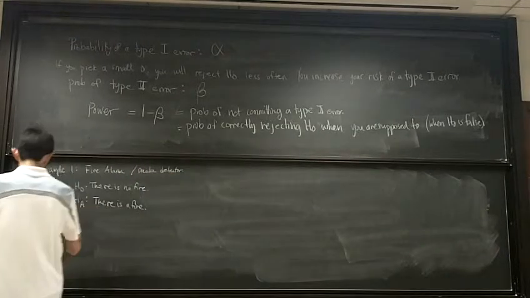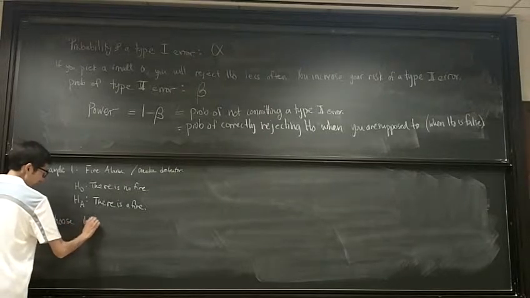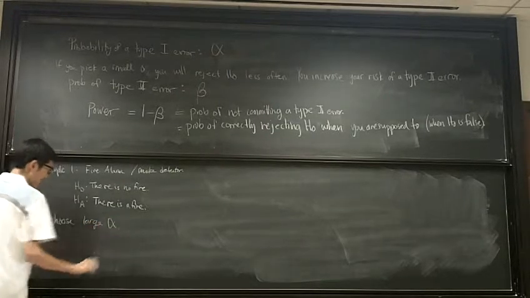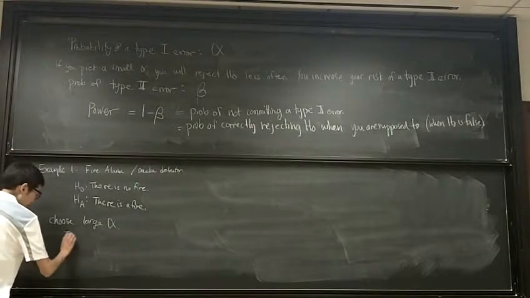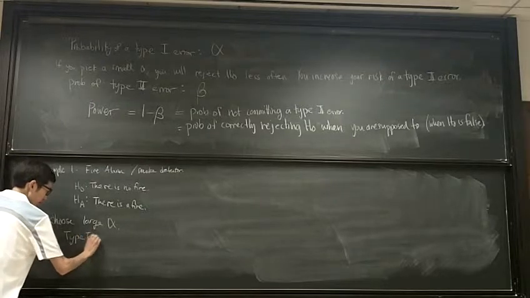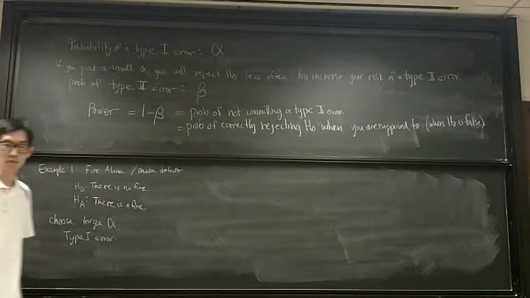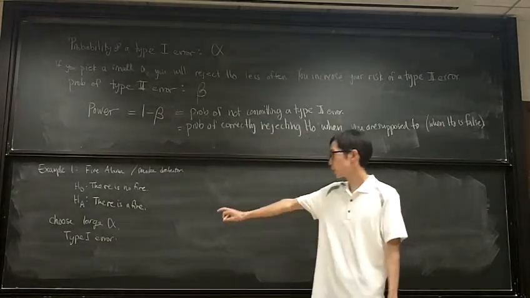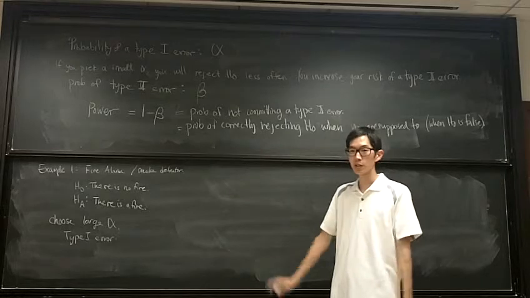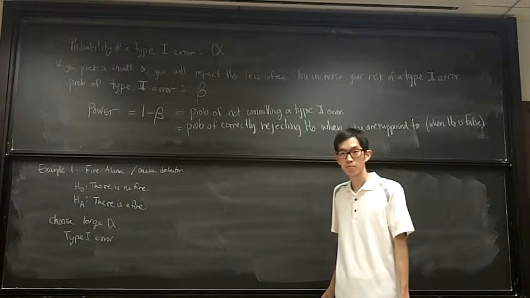So here, we choose large alpha. Why? Because in this situation, what does it mean to commit a type 1 error? A type 1 error for the smoke detector is what?